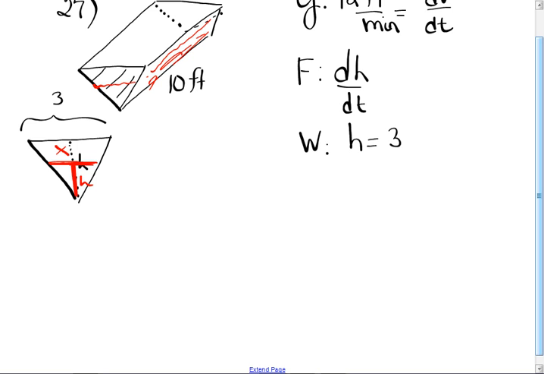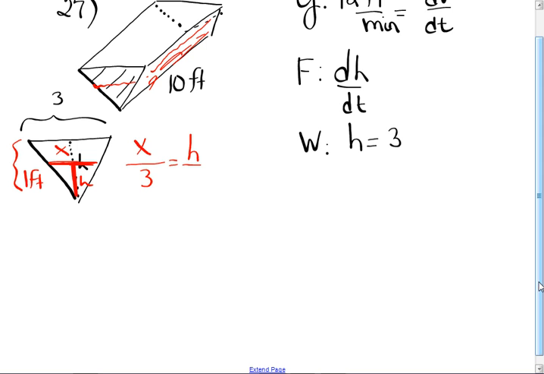Okay. So X is to 3 as, do I know that? H is to how tall this is. I think I know that, don't I? Oh, it says 1. Now, that's 1 foot. So this is how many inches? Because we're going to be in inches. No, no. It's 1 foot when the water is 6 inches deep.